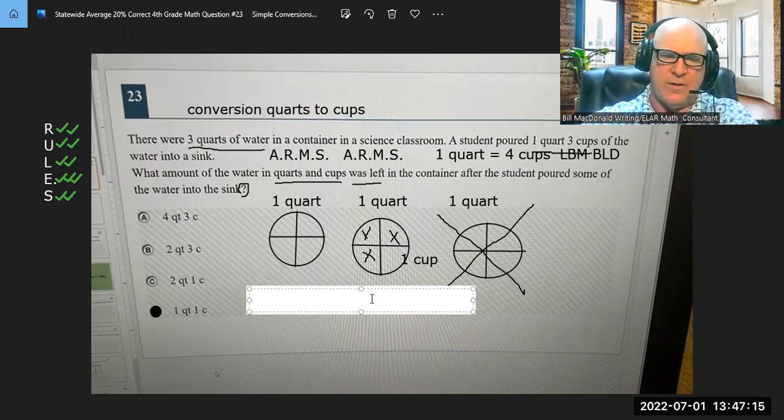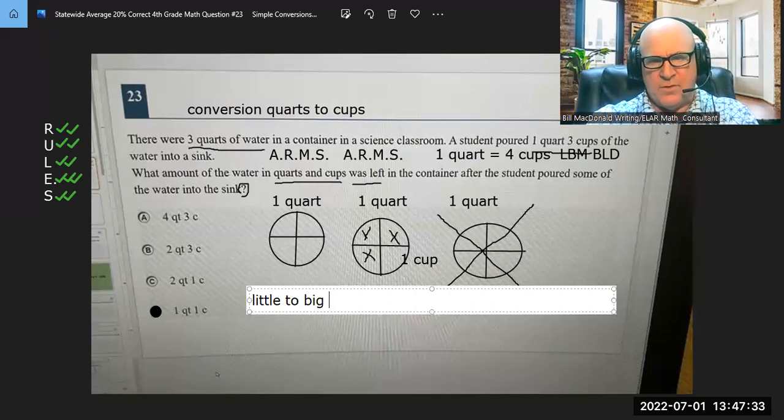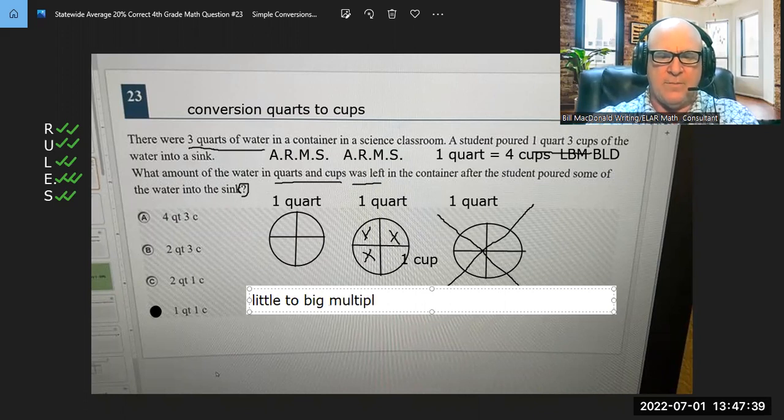A couple of things you might want to think about is when you're going from little to big in the number, in the conversion, trying to find out how many cups are in one quart. Little to big, multiply. Love big meals. Big to little, divide. Or you could say breakfast, lunch, dinner, since we all like food.